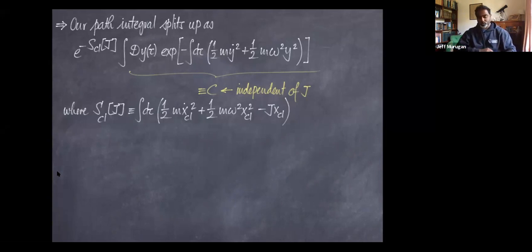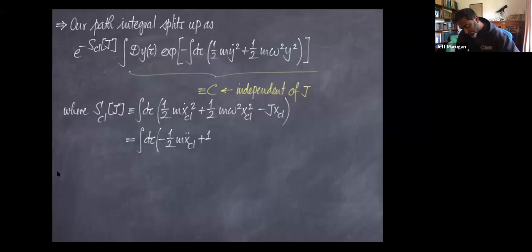Let's put this into a better form, because it turns out it can be put into a better form, and all I have to do is integrate by parts. If I integrate by parts, I get the integral over tau of minus a half m x classical double dot plus a half m omega squared x classical minus j, all times x classical.